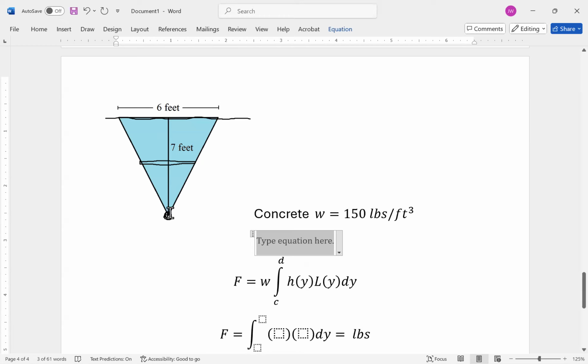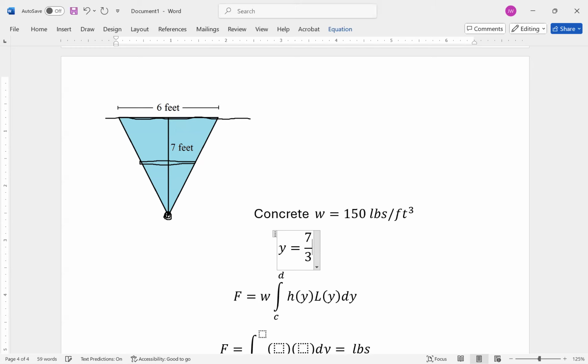That is going to mean one of the lines is going to be y is equal to, on the right-hand side, I'm going up 7 and then to the right 3. So y equals 7 over 3x. That's the right-hand side.